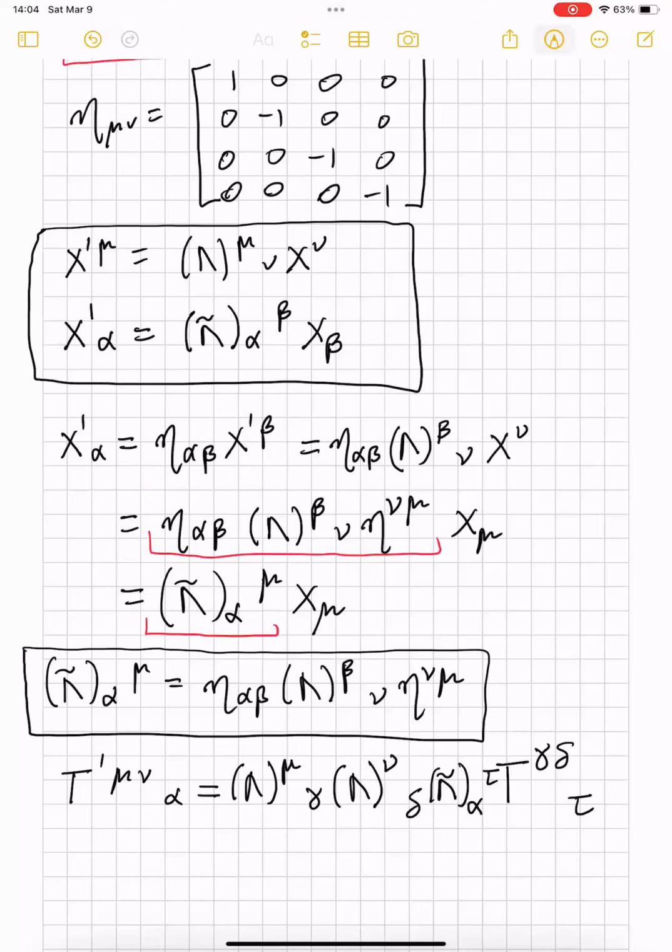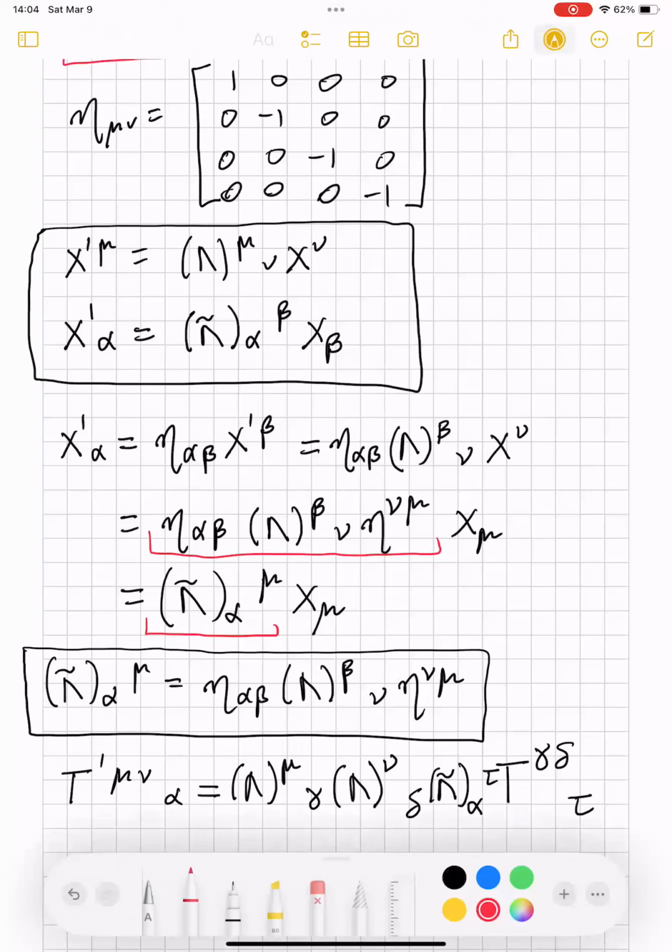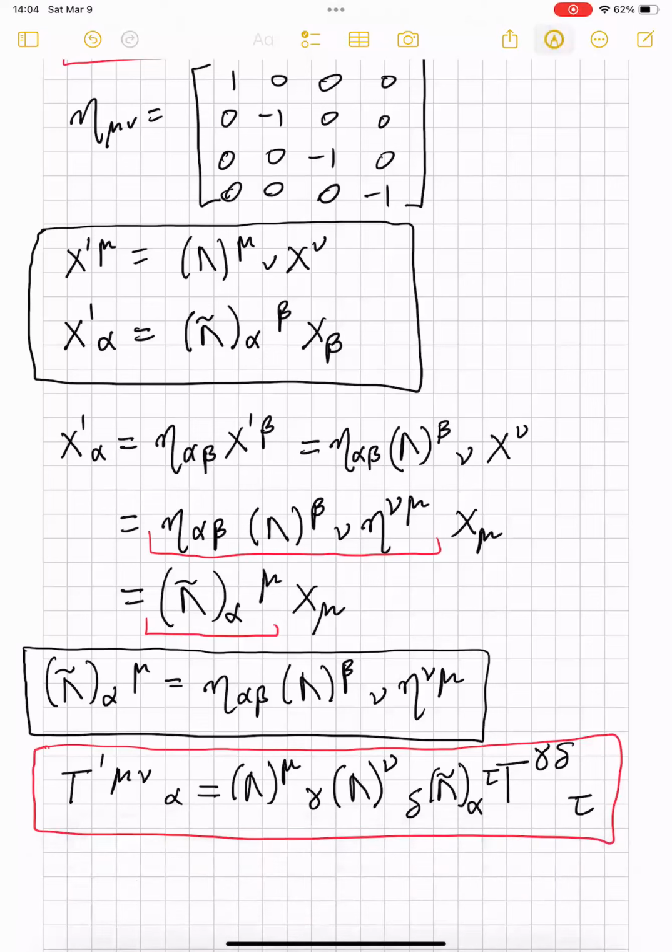What does this equation mean? If I have this rank 3 tensor in one Lorentz frame, T gamma delta tau, and I want to work out the components of this tensor in the primed Lorentz frame, this equation tells me how to do so. So I know how to work out how the components of the tensor change under any Lorentz transformation.